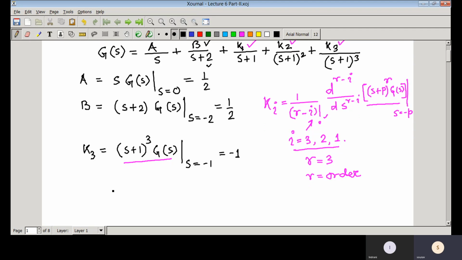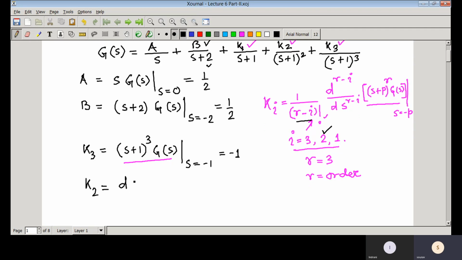So then in the other case, what would be K2? If you just put i equal to 2, here you can see 3 minus 2, that is 1, factorial 1, so that is 1.